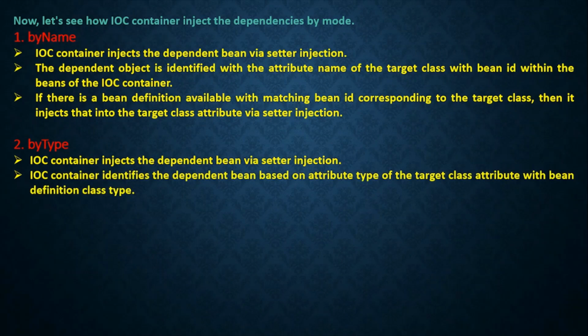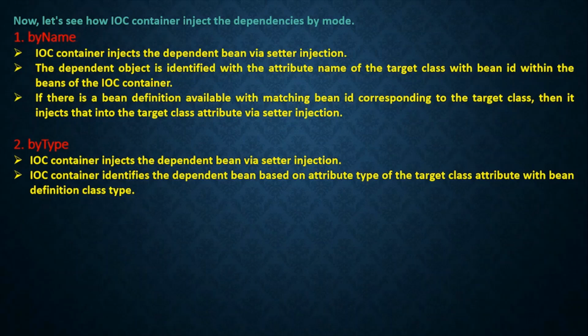The IOC container identifies the dependent bean based on the attribute type, the target class attribute type. For example, the employee class has an address attribute, and the type is address. So the IOC container is going to detect via the attribute type, that means address is the type.